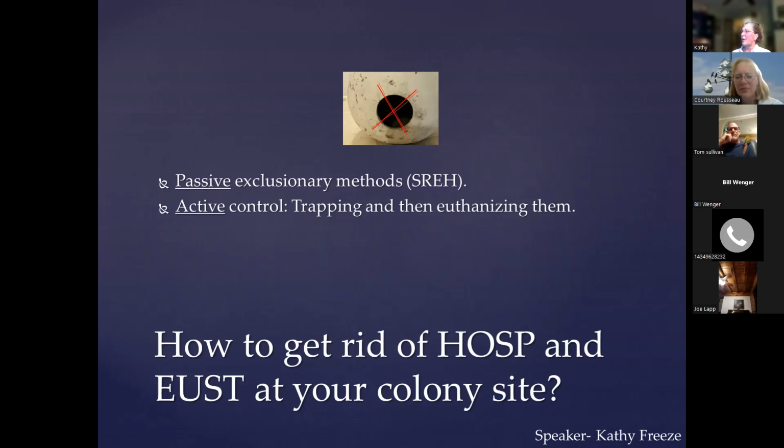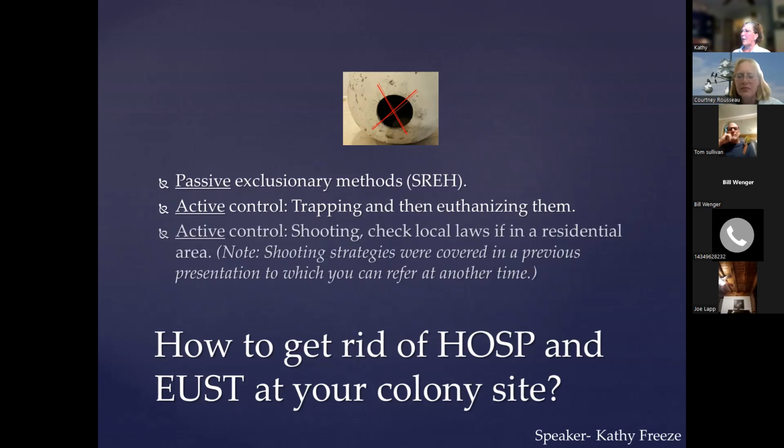Active control means trapping and then euthanizing them. We can talk about different ways to euthanize them at the end of this if you have questions. And there are so many ways you can trap them in the gourds, and then using the repeating traps. So we're talking about nest box traps, gourd traps, and repeating bait traps.